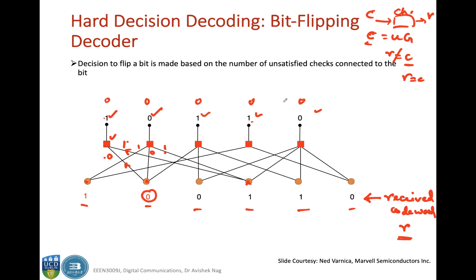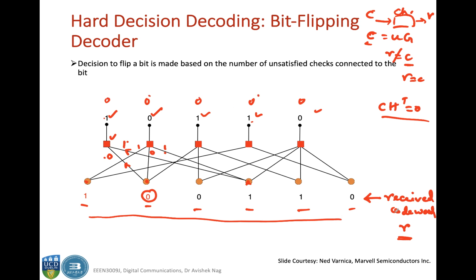So this is intuitive. This basically comes from the fact that C times H transpose is 0. This is true for all linear block codes. So for the LDPC code in the Tanner graph, if this was a valid code word, then this would have been 0.